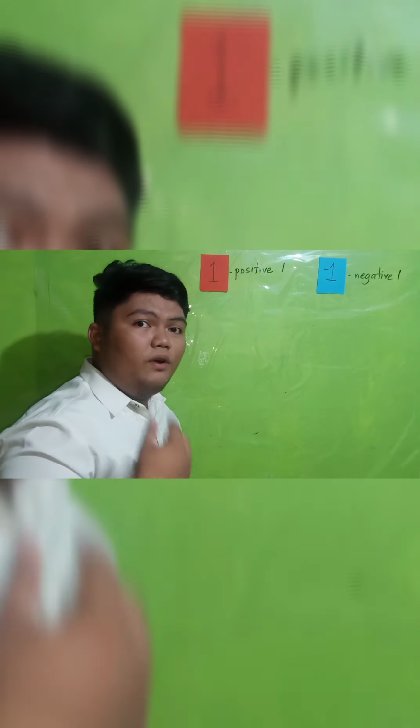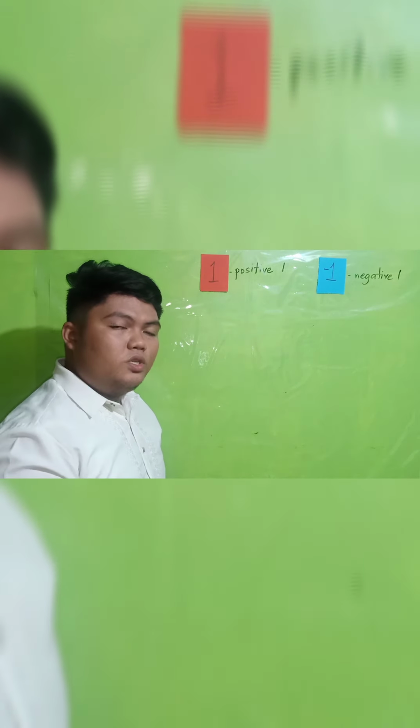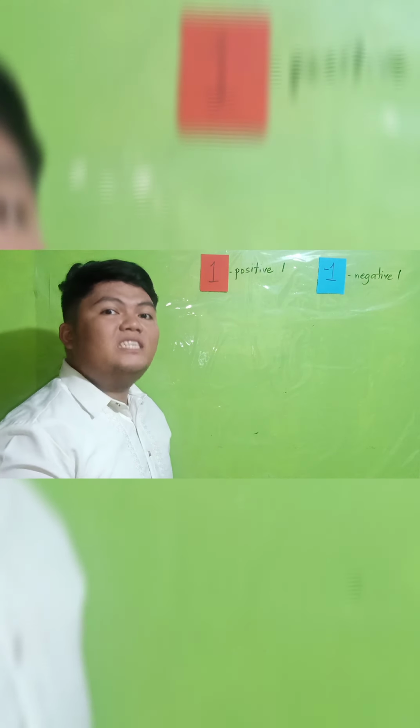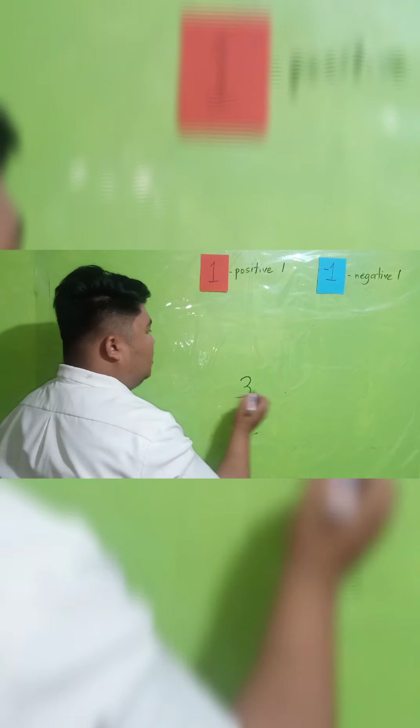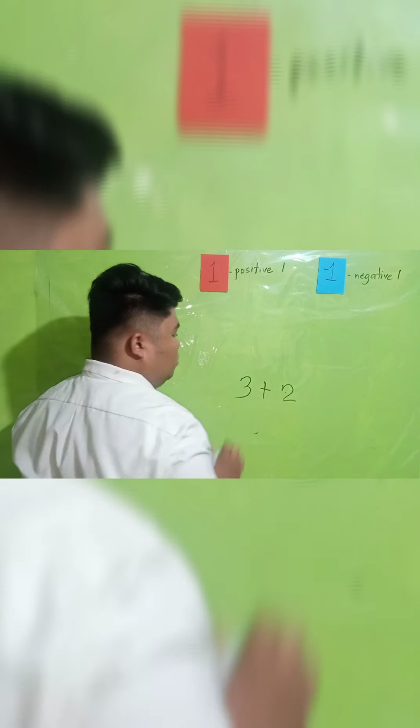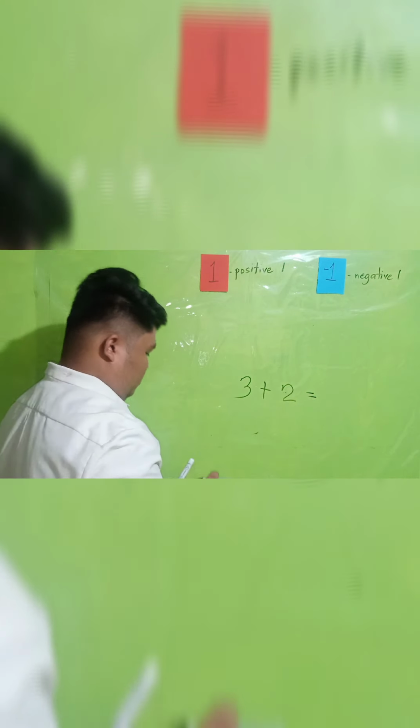So let's try to add integers using algebra tiles. Let's begin with our first example, which has the same sign or like sign. Let's have positive 3 and positive 2. So 3 plus 2 is equal to.